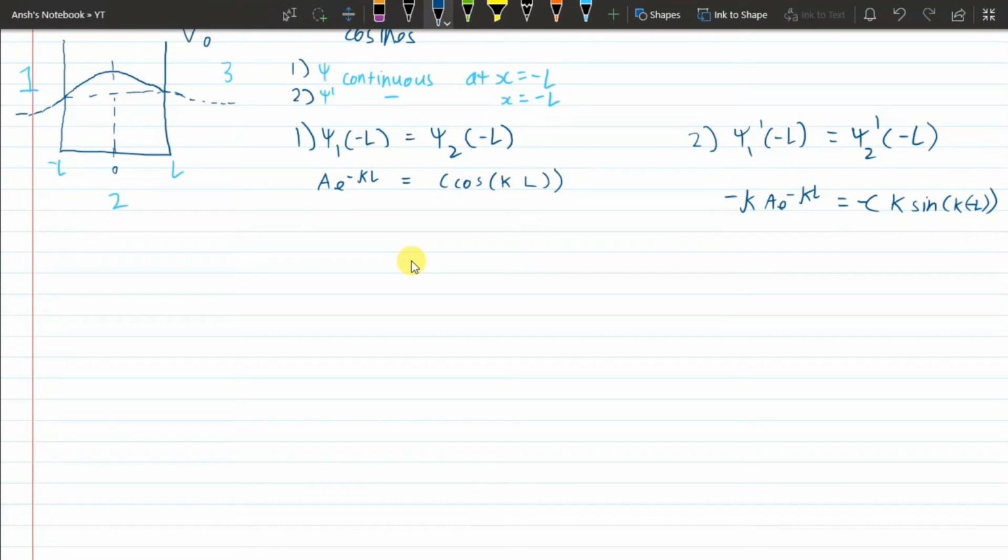Now sine, as we know, is an odd function. So the minus L right here can be substituted, the minus sign will come out, and it will cancel.